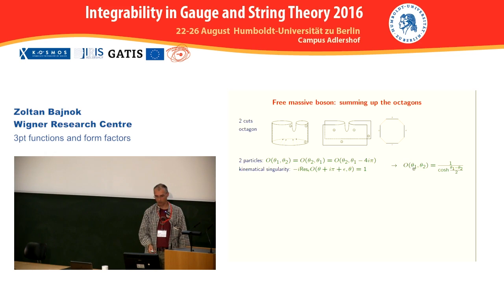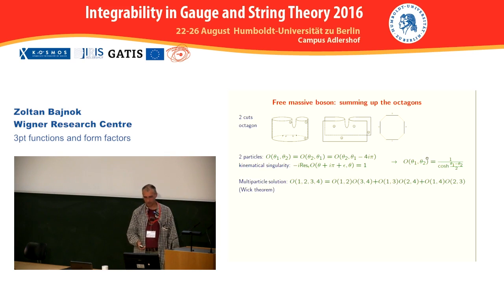So the solution to this equation, and it should have this kinematical singularity. You remember that whenever they differ by iπ, then the residue is just 1. So this very, very simple solution is written here. So how can we get this very complicated results from this simple solution? Of course, we have to sum up this contribution of mirror particle states.